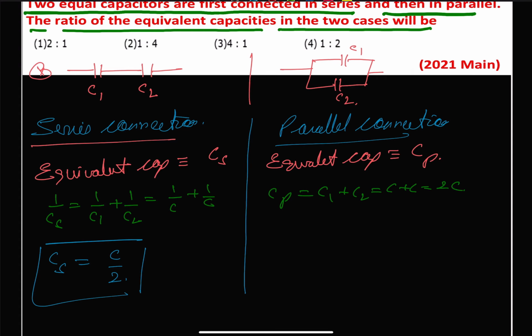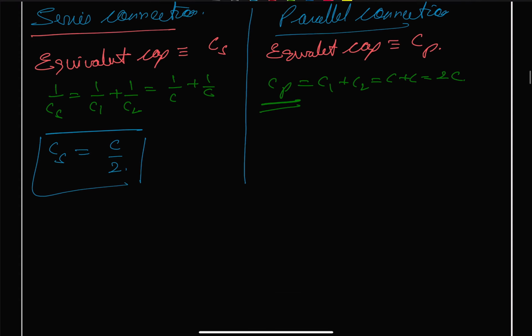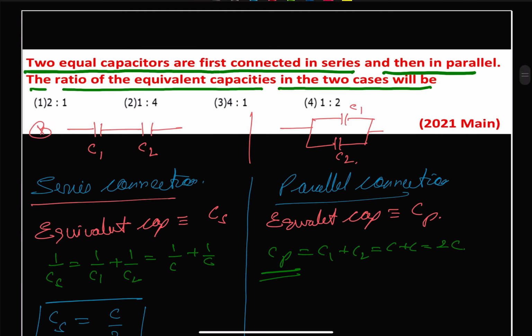So we have our CP as well as CS, and we need to find the ratio. CP upon CS is 2C upon C upon 2. C and C cancel out, and this comes as 4:1. So option 3 is the correct one.